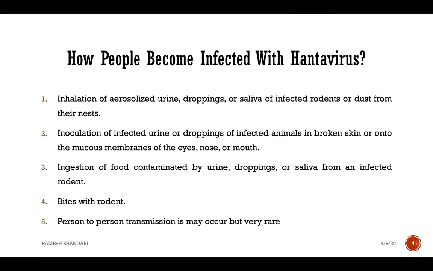The third method is ingestion of food and water contaminated with the urine, droppings, or saliva of infected rodents. The fourth mode of transmission is the bite of infected rodents.